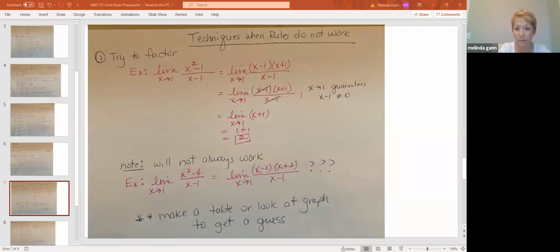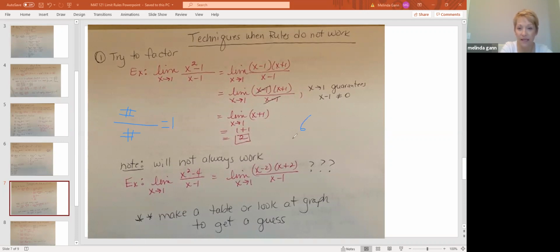Because here's the deal. What you're really saying is some number divided by itself, you're declaring that that is 1. And most of the time that's true.